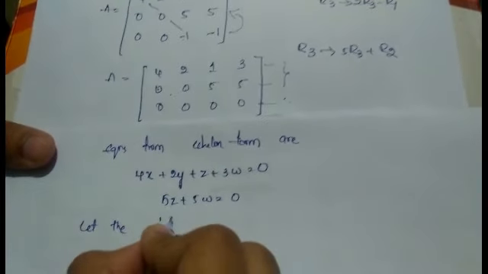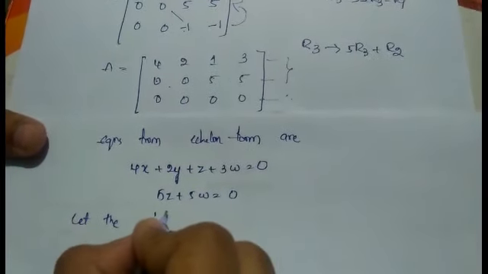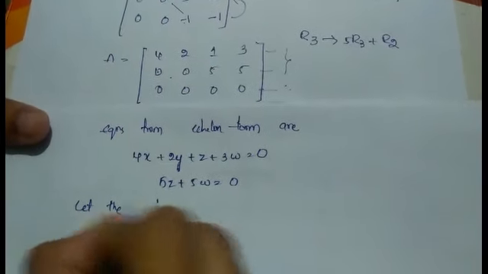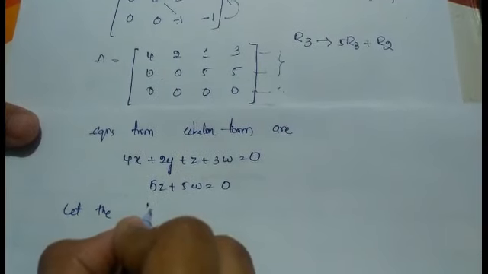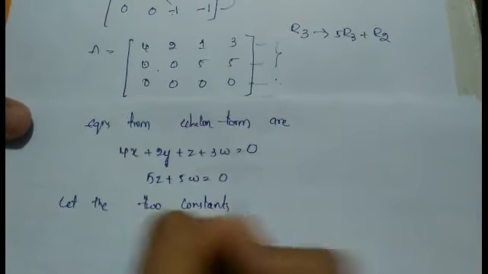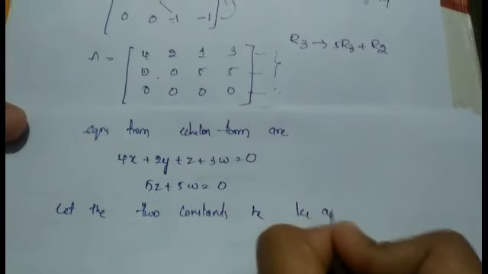So we have assigned two constants as n minus r variables. 4 minus 2 is equal to 2, so two variables have to be assigned. Let those two constants be k1 and k2.